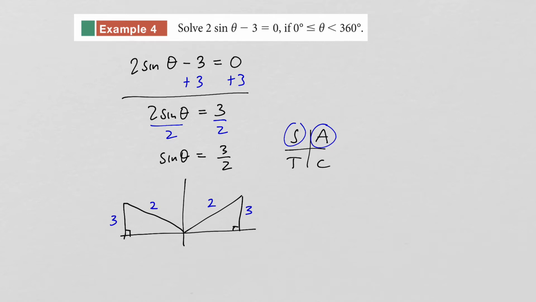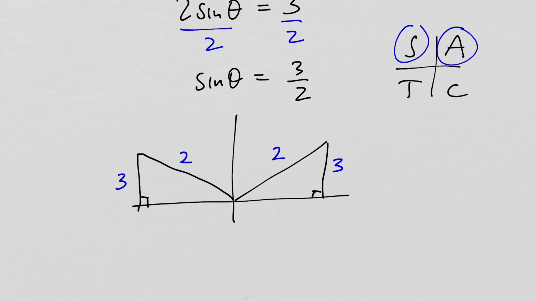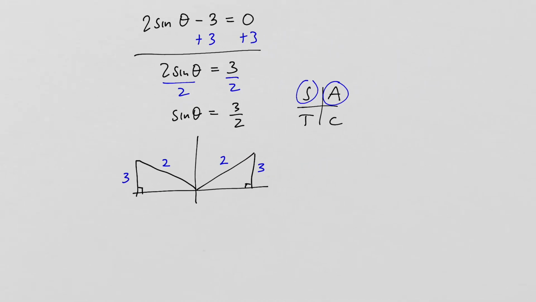Now, if you look at this carefully, this doesn't make any sense, right? Because for sine to equal 3 over 2, it means that the leg here has to be longer than the hypotenuse. And this is not possible in a right triangle because we know the hypotenuse is the longest side. So right away, we know that this is not possible. And that means that this equation has no solution.